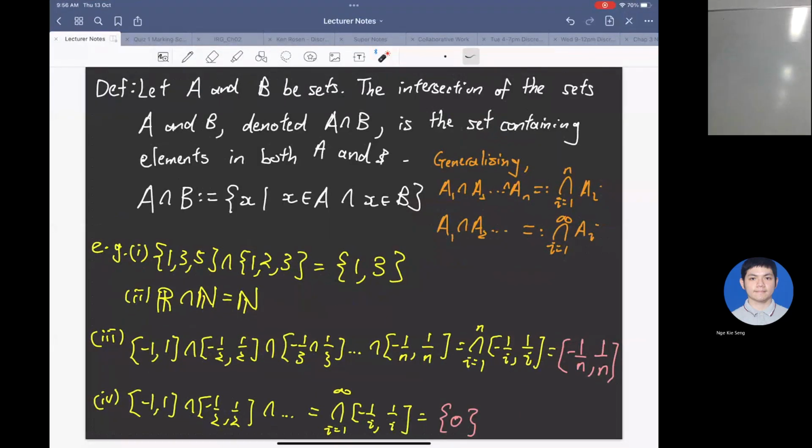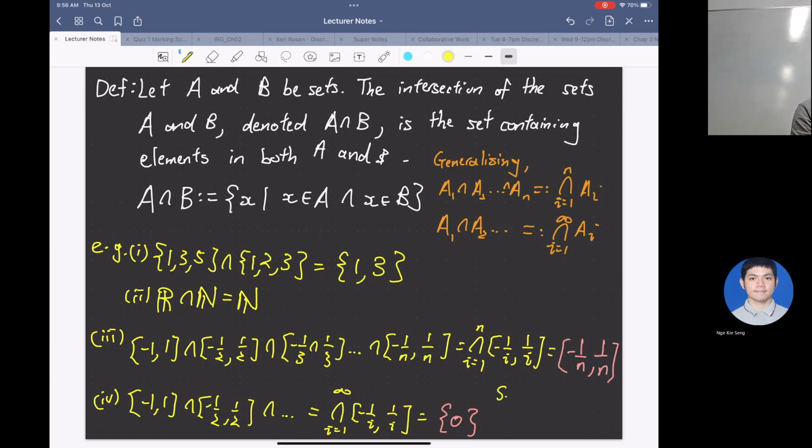Okay. So some of you think that this answer should be a closed interval, another closed interval. And my claim is you cannot find such a closed interval, because if you have such a closed interval, I can find a smaller one. I can find an even smaller one.